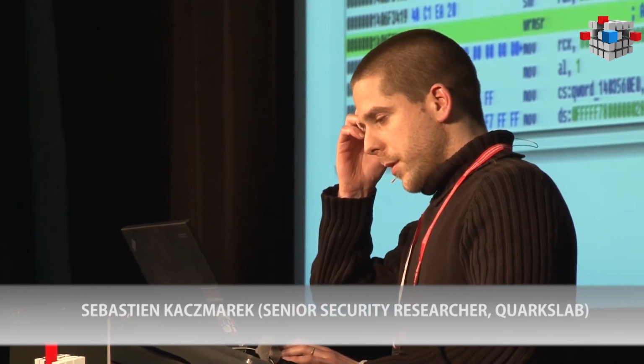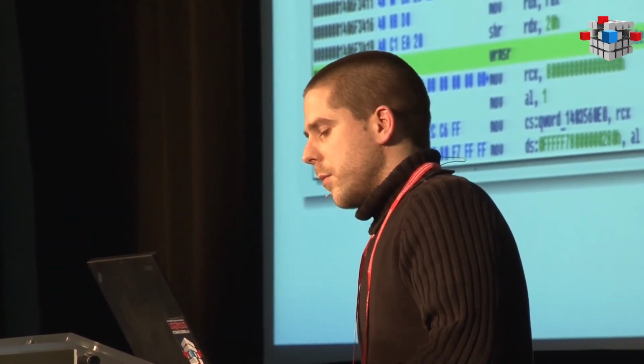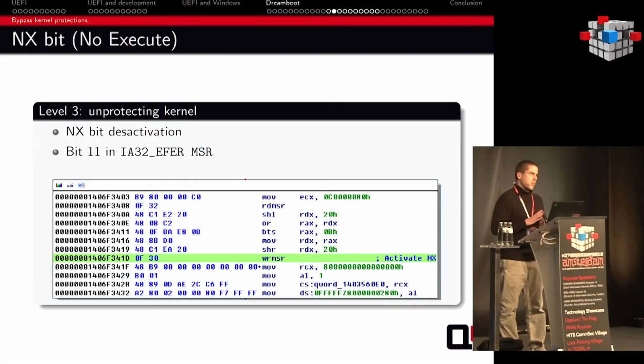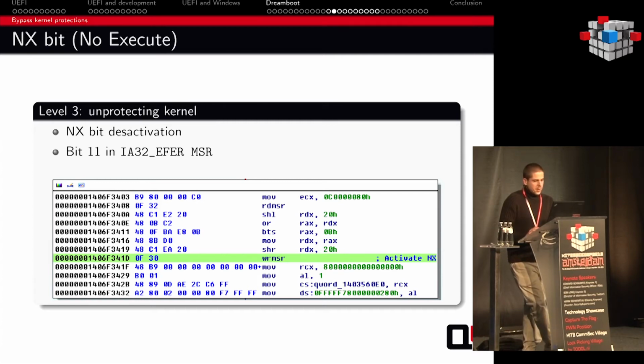So now in this hook, we have to deactivate some protection, because at first all our code was in the initial UEFI mapping memory, but now we will relocate the code inside the kernel itself. In fact, I've done it in its relocation table.